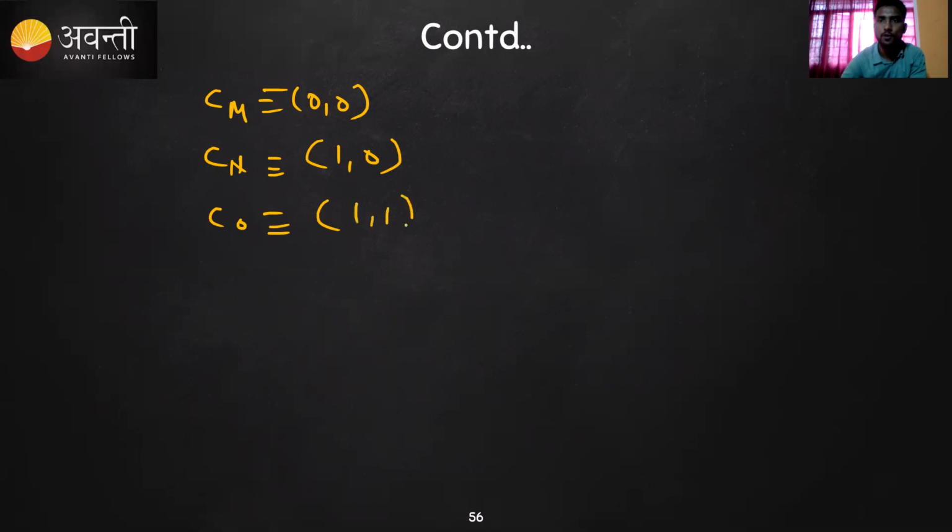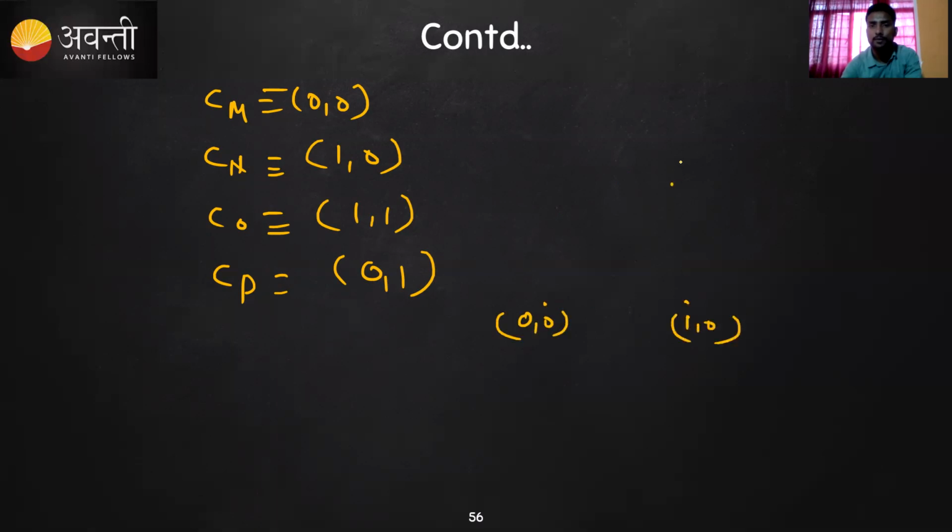And again CP is 0, 1. Just draw all the lines. This is 0, 0, again it will be 1, 0, this will be 1, 1, and this will be 0, 1.